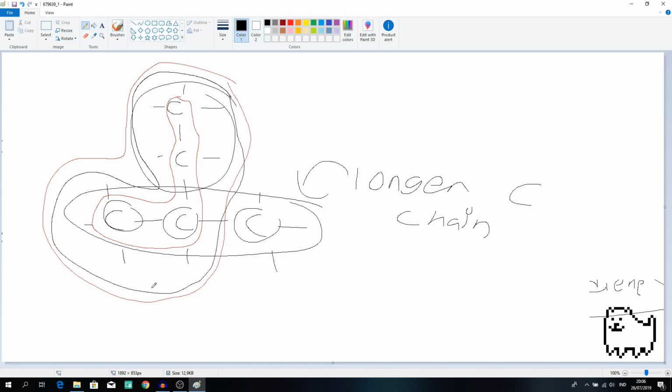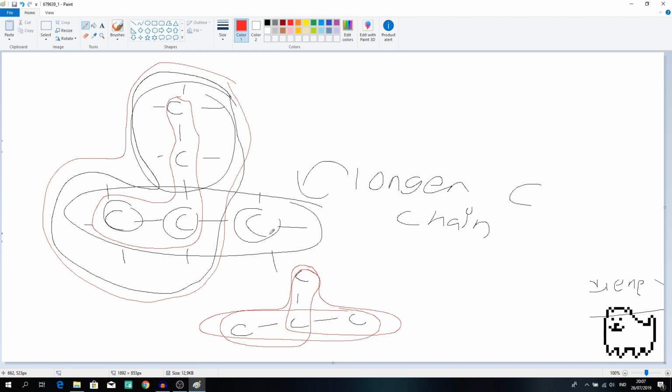So unlike before, where we have 1, 2, 3, and 3 over here, if we try to do the same thing, these 3 carbons are connected in a whole line like a chain, it's still 3. So if we were to do the same like this over here, it's still 3. If we were to do it this way in this line, it's still 3. It's very easy to identify the longer chain here, no matter where you look or how you look, because all of them will provide the same answers.